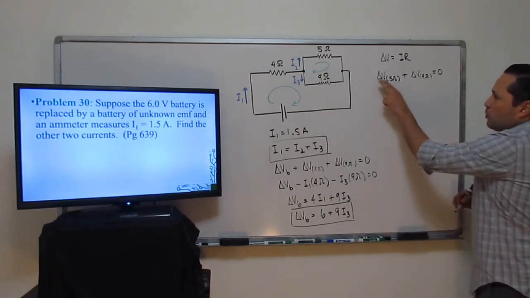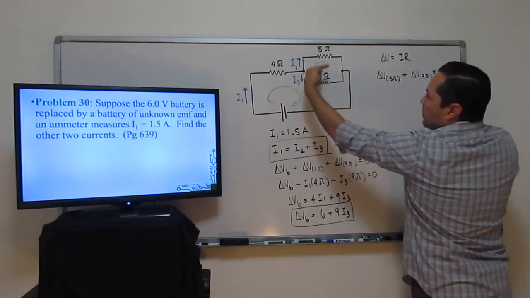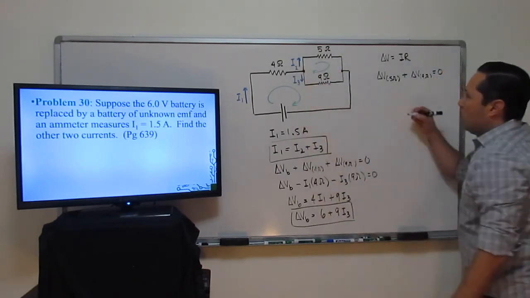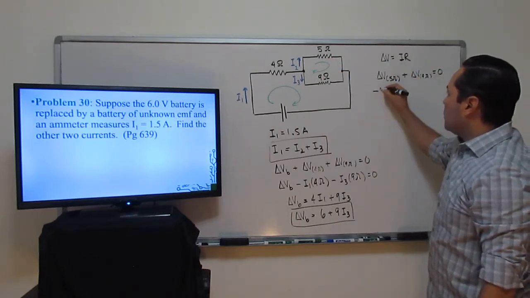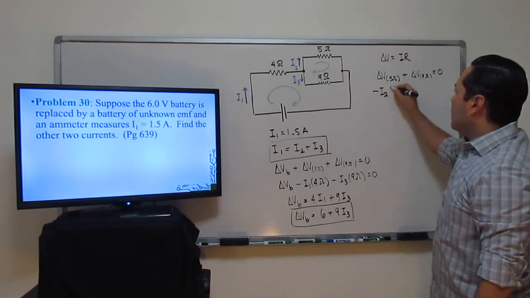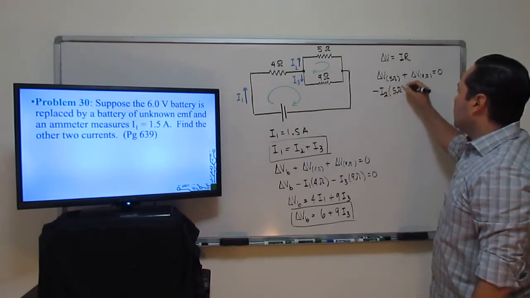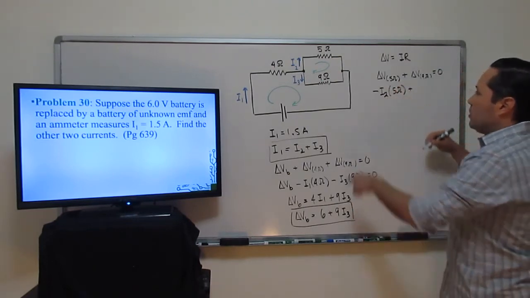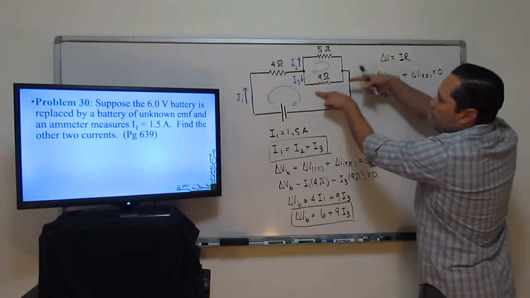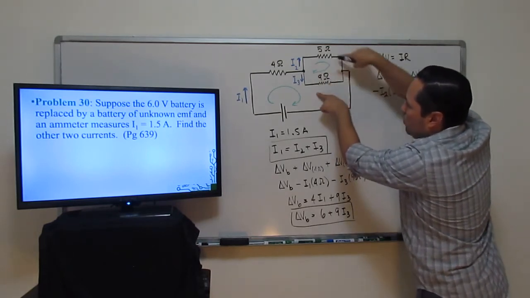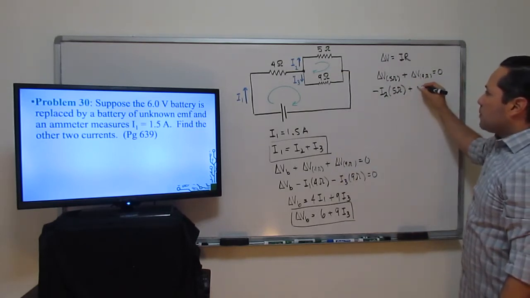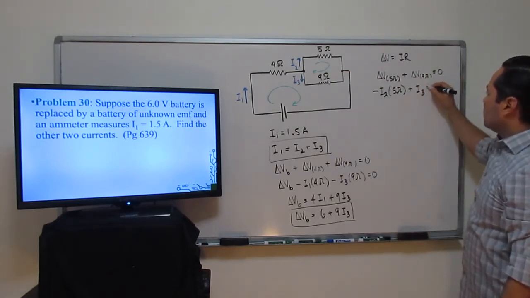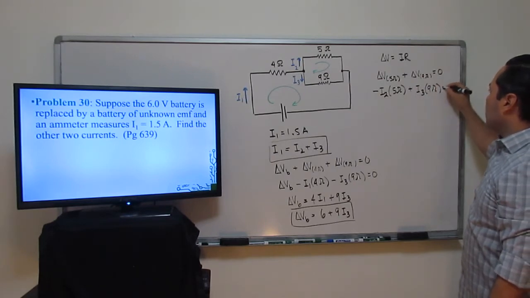Now this first one's going to have a negative value because the resistance is going against the direction of the arrow. So it's going to be negative I2 times the 5 ohms. This is going to be plus because the resistance is going to the left and the arrow here is going to the left since we're looping around clockwise. So that's going to be I3 multiplied times 9 ohms equals 0.